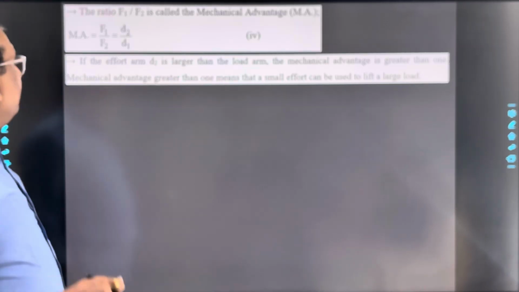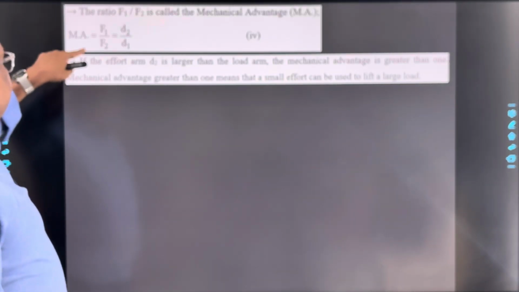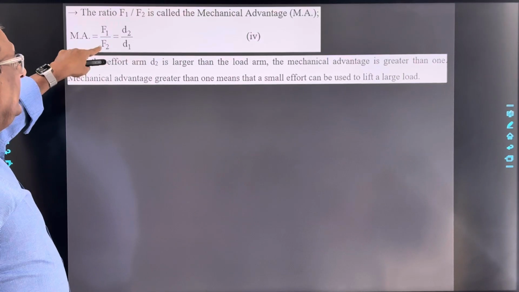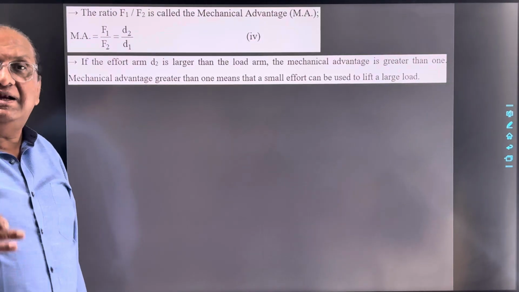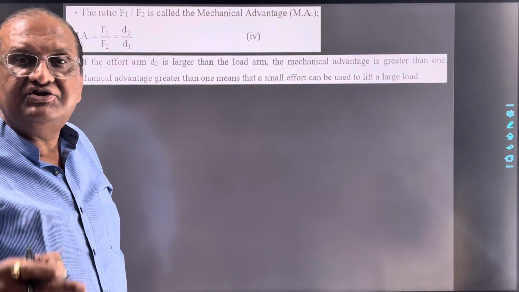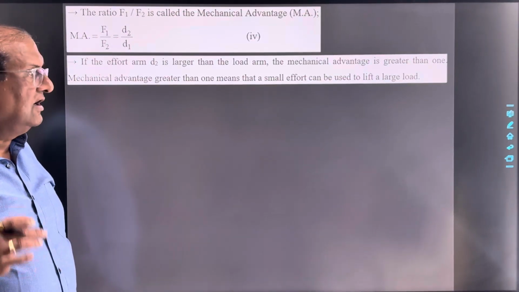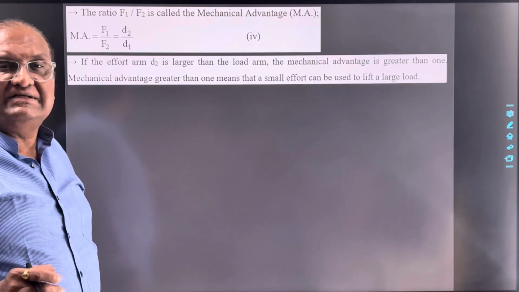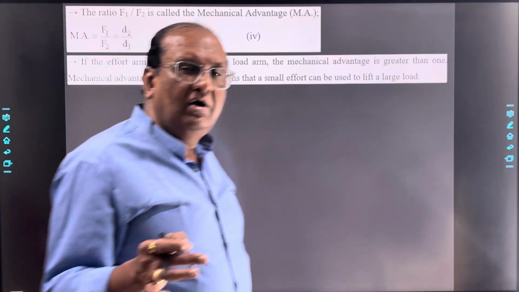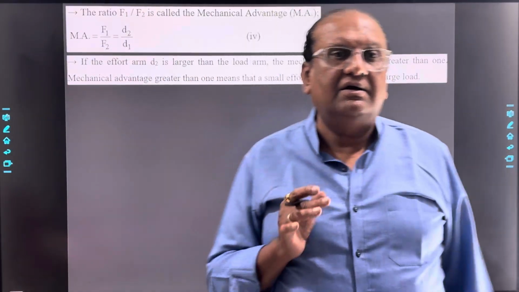When mechanical advantage is greater than 1, it implies that with the help of a small effort, you can lift a large load. Clear to all of you? So this is the principle of lever. Clear?